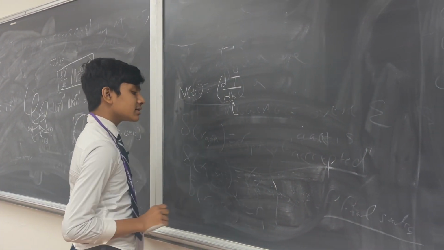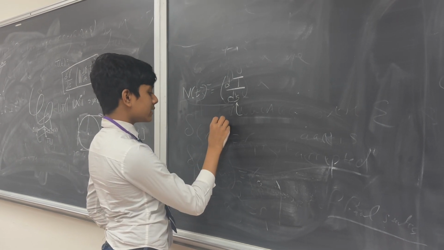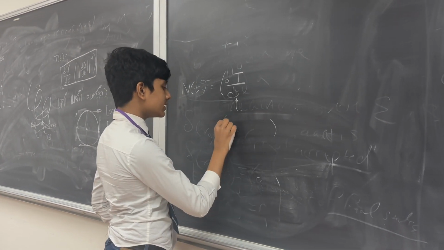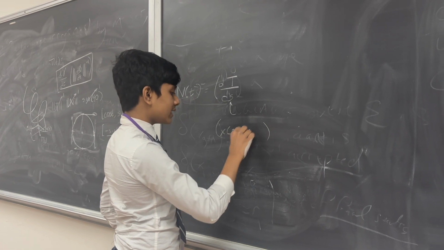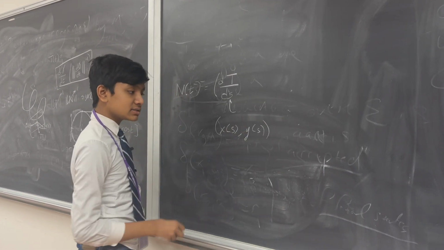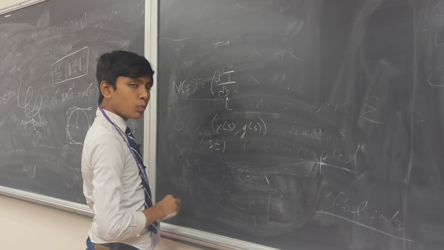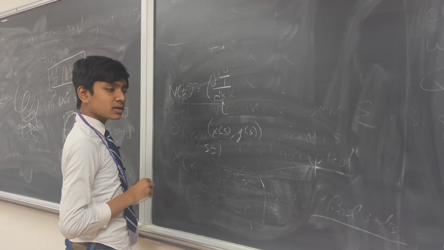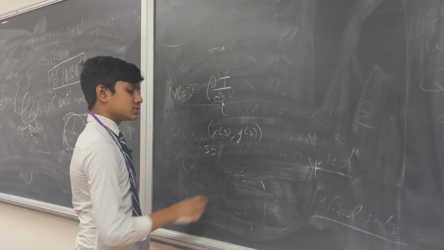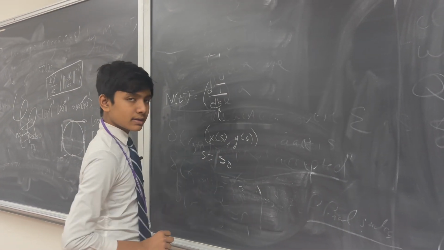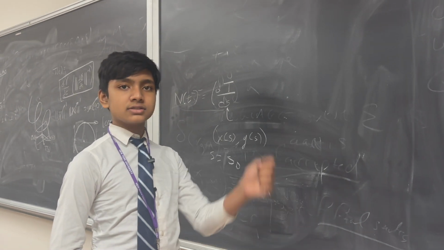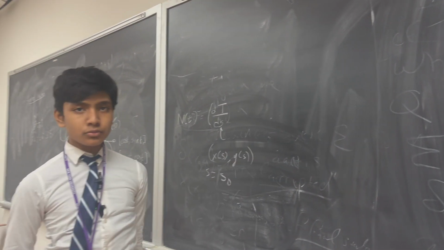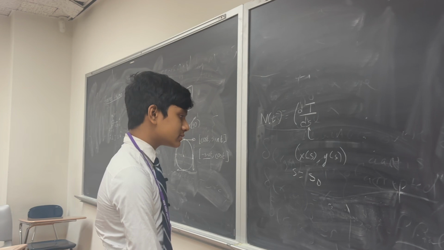Well, parametrizing with respect to arc length means that we have a form of the function x of s, y of s, z of s, whatever it is, such that if s is equal to 1, then the total length of the function from s equals 0 to s equals 1 is 1. If s equals some number, then the total length of the function where s equals 0 to that number is going to be s naught.